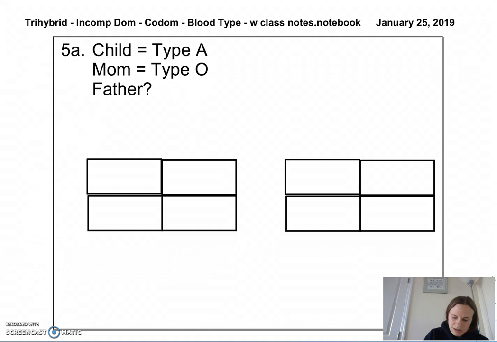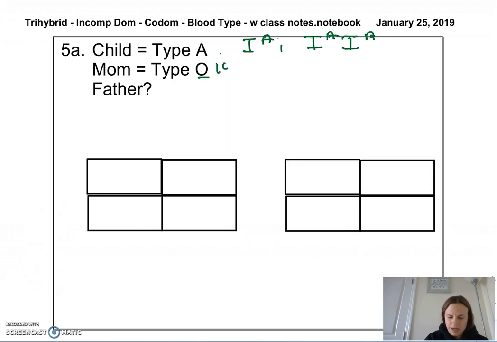So we know that the mom is going to have lowercase i, because that's the only way you can get blood type O. But now the kid could be heterozygous, or the kid could be homozygous dominant for blood type A. So if I put the mom's genotype along the top, I know that my kid could either be heterozygous or the kid could be homozygous. Well, there's no way I would be able to get a homozygous combination for the kid having blood type A.